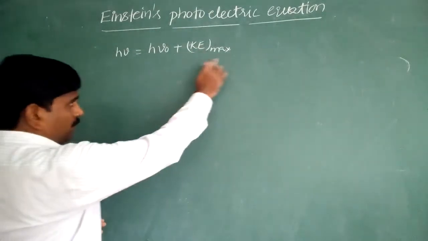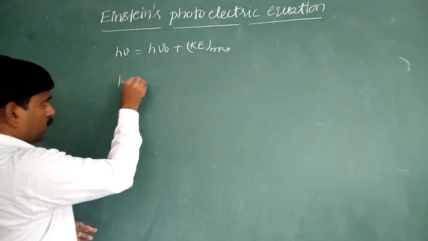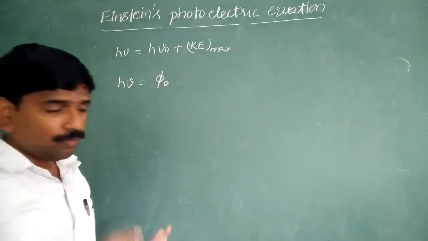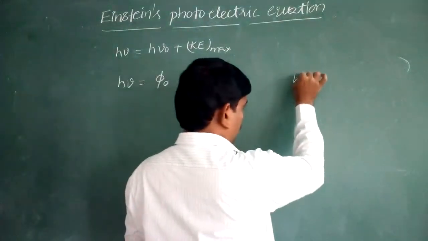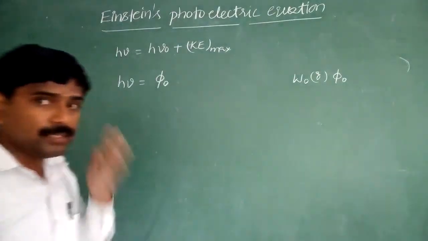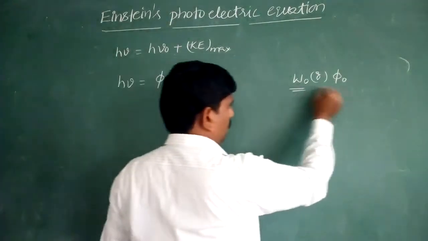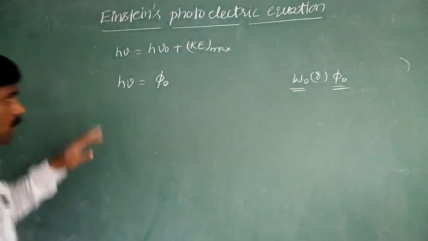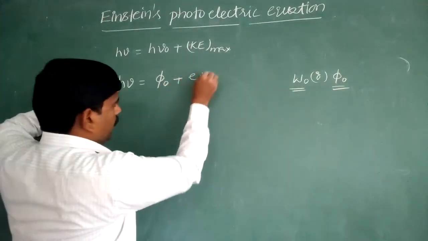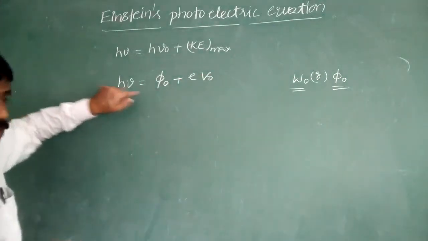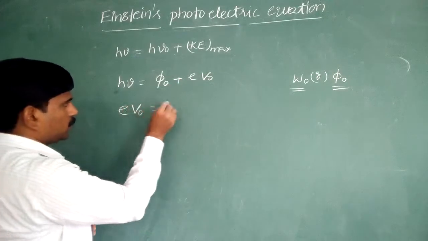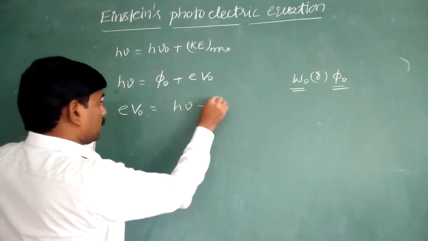In terms of the potential energy, we are writing it in terms of the work function. Work function is denoted with the letter W naught or maybe phi naught. So h nu is equal to phi naught plus e V naught. So e V naught is equal to h nu minus phi naught.